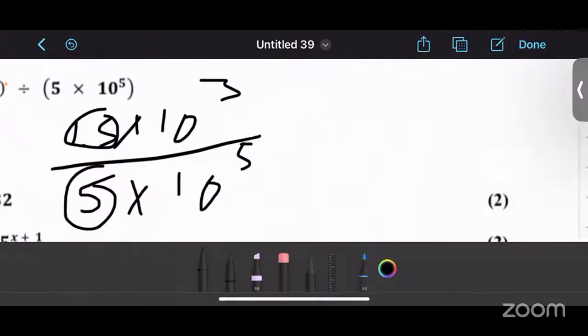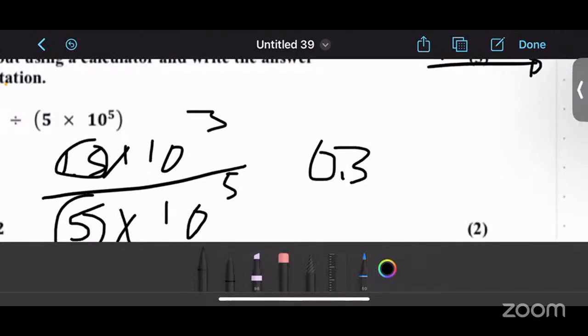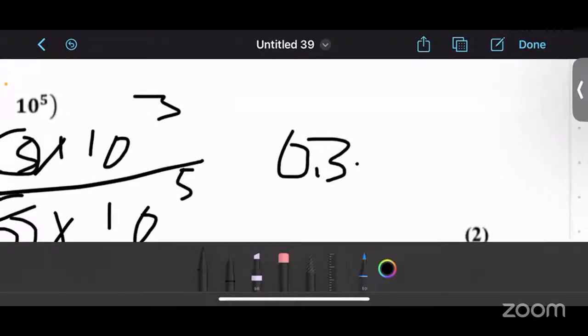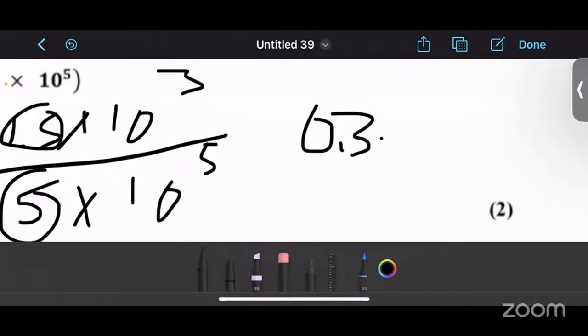Yes, ma'am. So we have 0 comma 3, because that's the whole thing. And then multiplied by, okay, so you see we have 10 to the power of 3 and also 10 to the power of 5. You guys see that? Yes, ma'am.